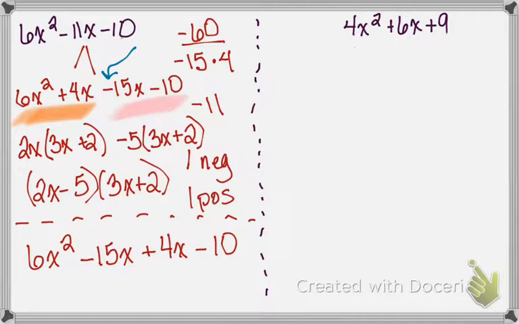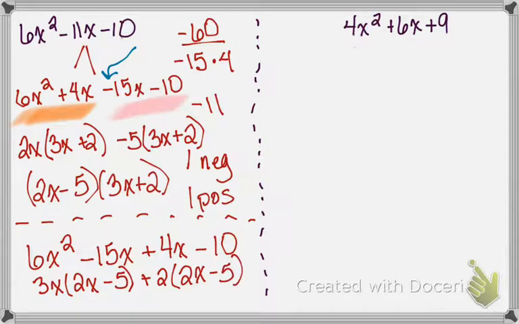Okay? I can pull a 3 out of my first two. So I have 3x times 2x minus 5. Then I pull a 2 out of the second two, and I get 2x minus 5. So did I get the same thing? Yes, that is an excellent question. Thank you for bringing that up.